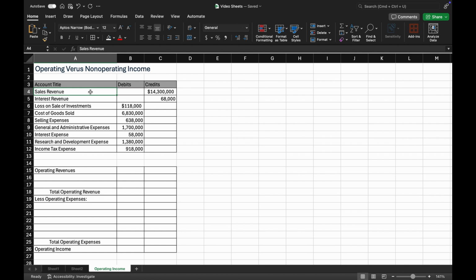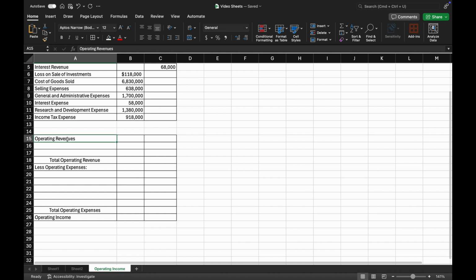Sales revenue with a credit of $14,300,000, interest revenue with a credit of $68,000, loss on sale of investments with a debit of $118,000, cost of goods sold with a debit of $6,380,000, selling expenses with a debit of $638,000, general and administrative expenses with a debit of $1,700,000, interest expense with a debit of $58,000, research and development expense with a debit of $1,380,000, and income tax expense with a debit of $918,000. From here, we must calculate the company's operating income for the year.